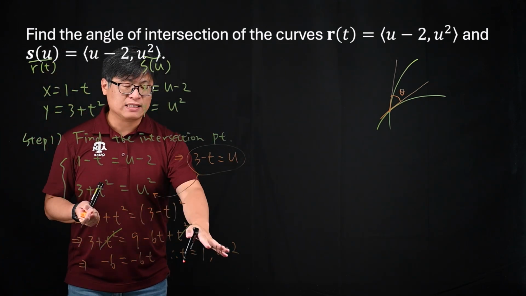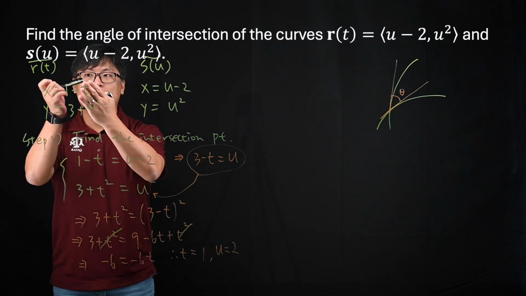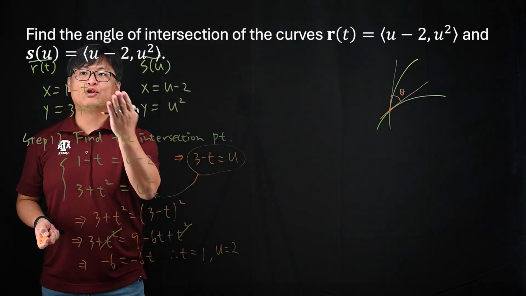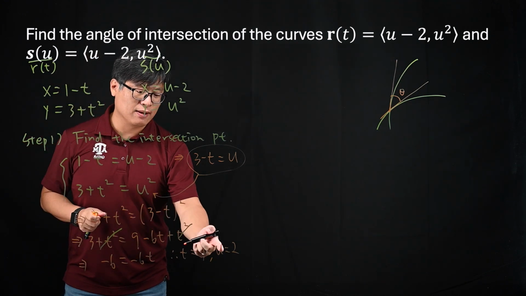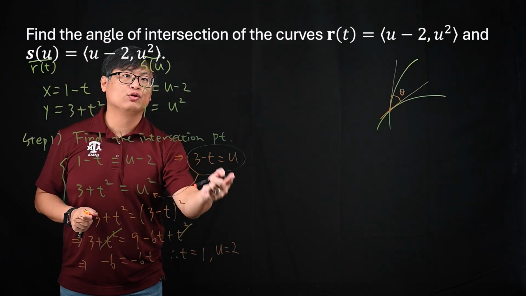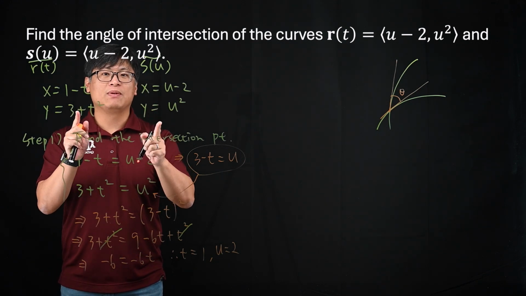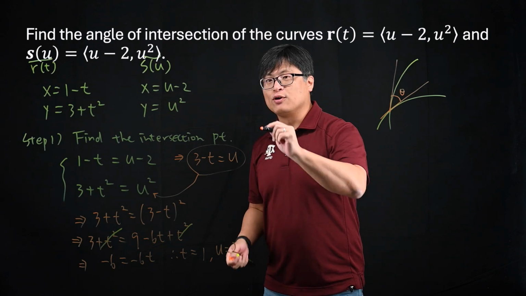But keep in mind, these are not the intersection point. These are the corresponding parameters for curves R and S, okay? Once you plug t equal to 1 into R, you can find the intersection point. At the same time, if you plug u equal to 2 into curve S, you will find a point, and they must be equal to each other because we are talking about the intersection point. So here we go.